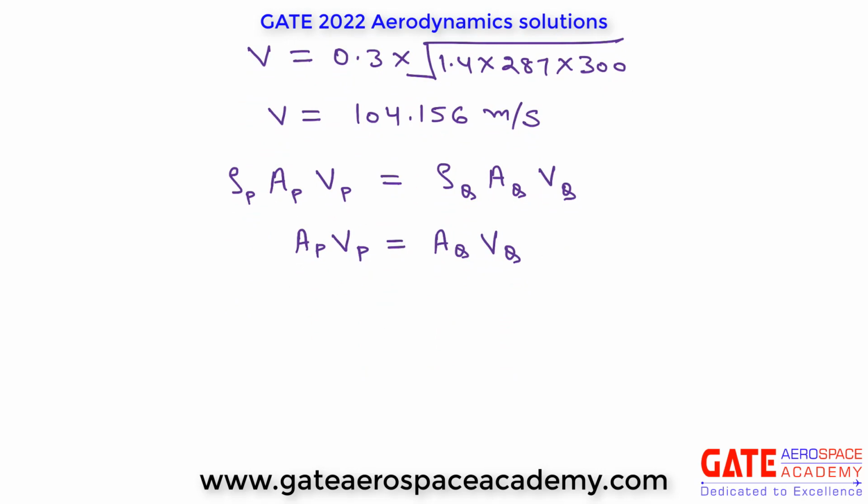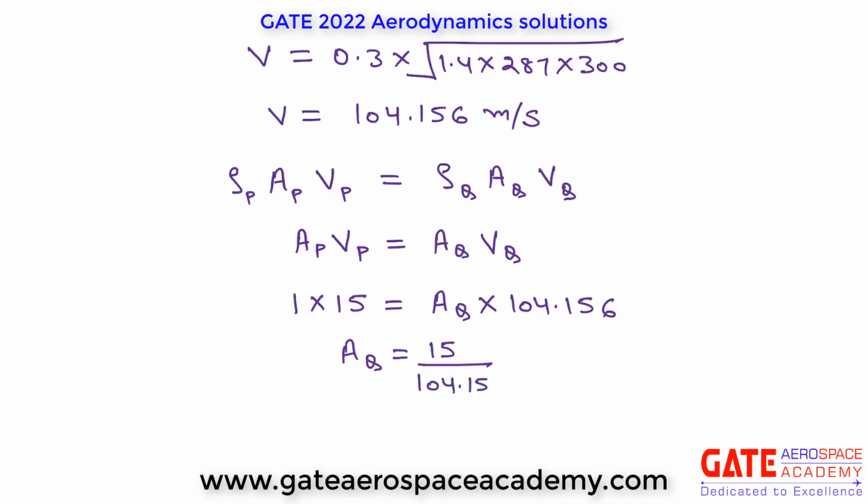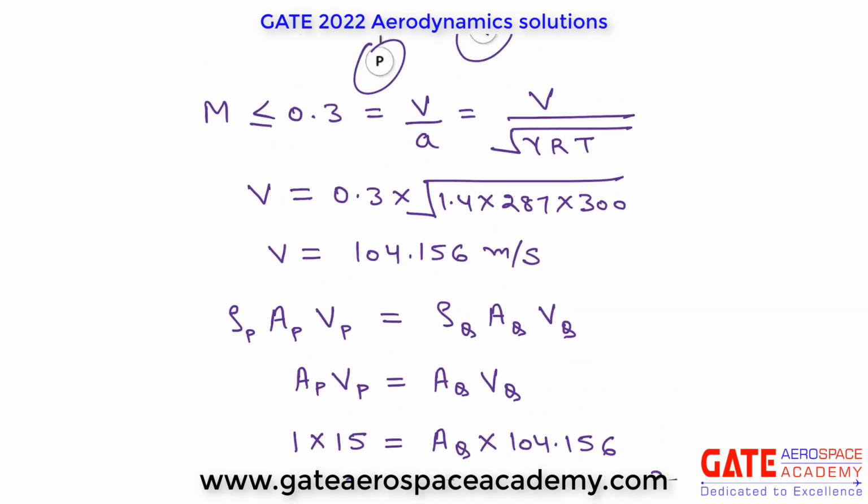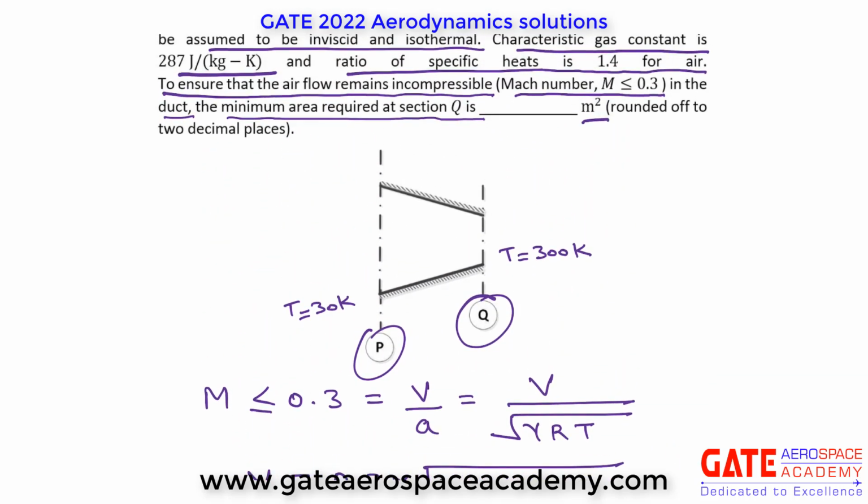Area at section P is 1 meter square, so 1 into velocity 15 meter per second is equal to AQ, which we have to find out, into 104.156. So AQ is equal to 15 by 104.156, that is equal to 0.14 meter square. So this will be the area at Q, 0.14 meter square.